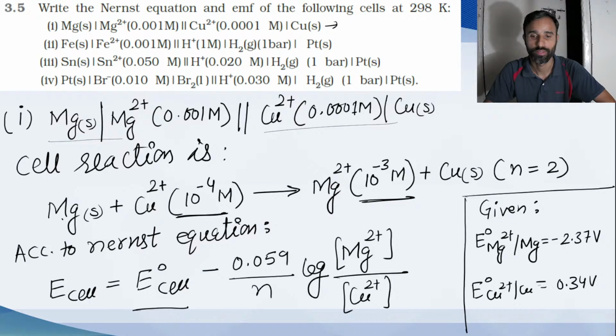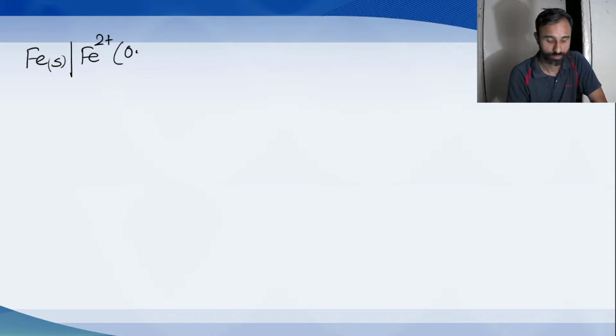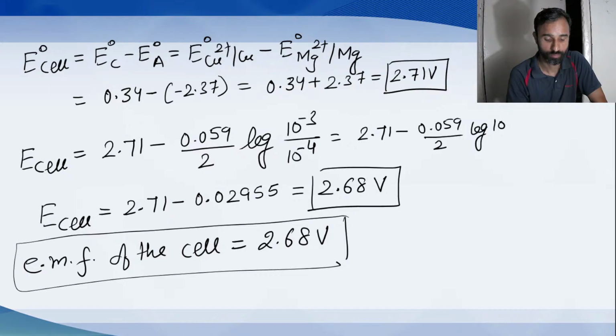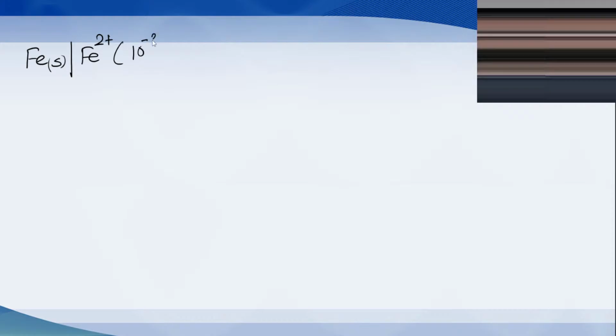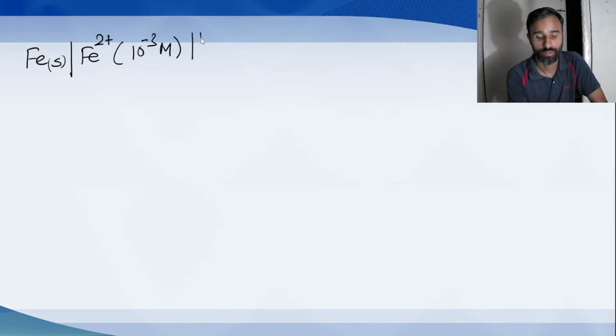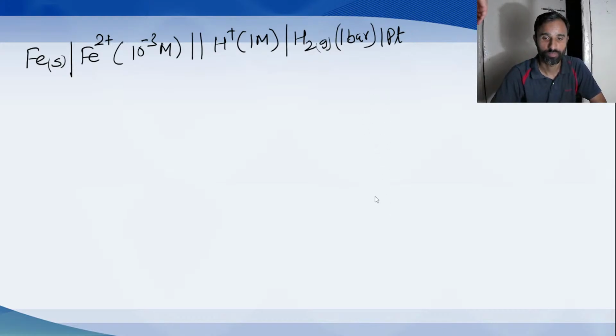Fe is solid, Fe2+ 0.001 molar, 0.001 molar means 10 raised to power minus 3 molar. H+ 1 molar, H2 gas 1 bar, Pt.